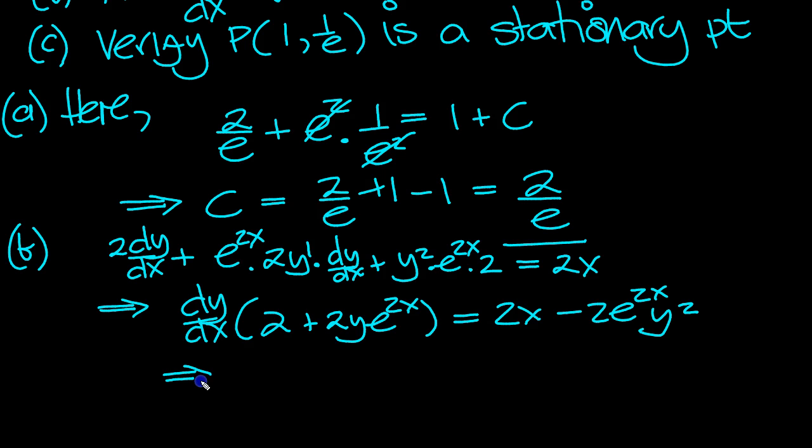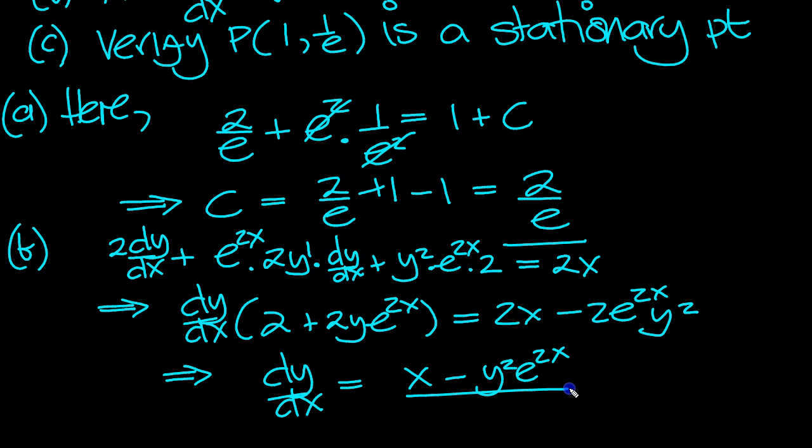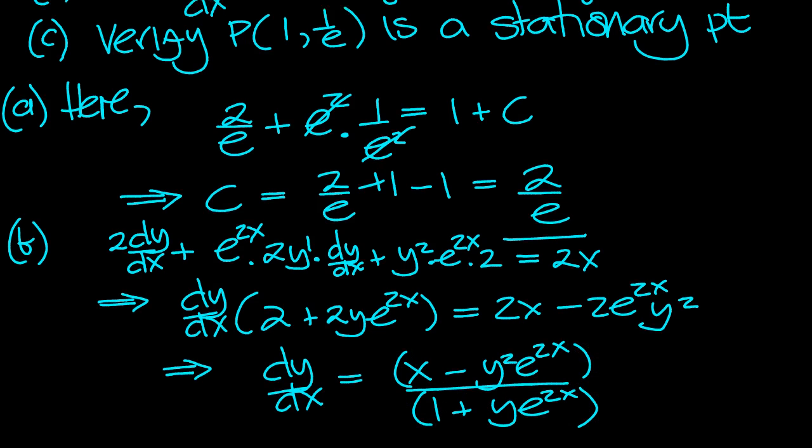So dy/dx is x minus y squared e to the 2x, easier on the eye to write it that way around, divided by, and move this down, 1 plus y e to the 2x. So there's our dy/dx as a quotient rational function.